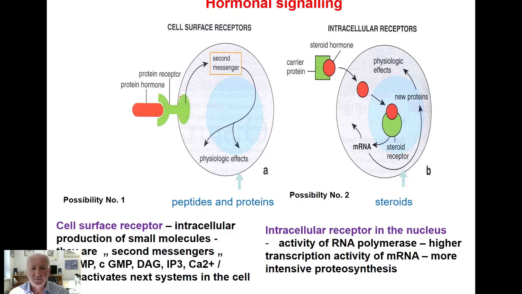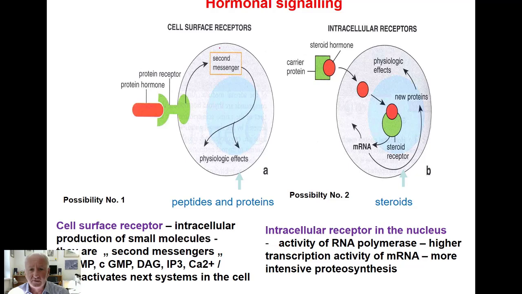That means the surface cell membrane receptor catches the right hormone. This starts and activates a system inside the cell, and the product of the system is a small molecule, a so-called second messenger.